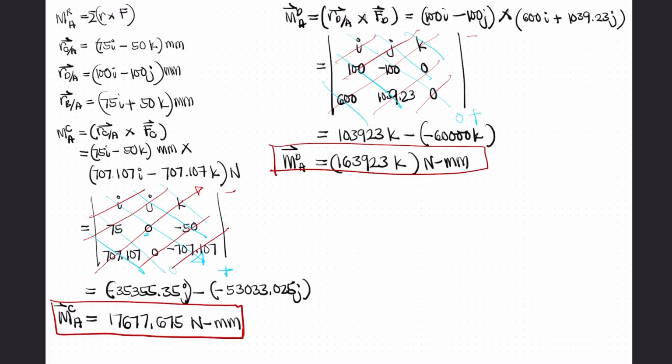Then lastly, M B relative to A is equal to R B relative to A times F B, 75 I, 50K, times.